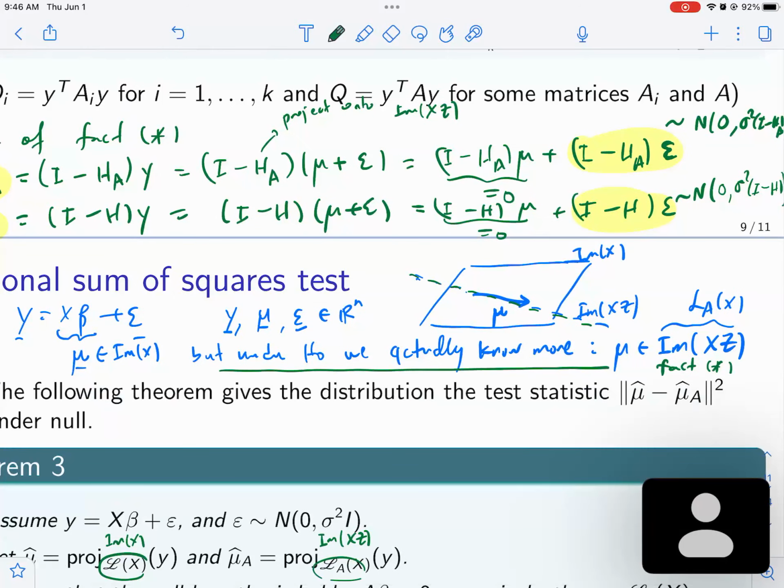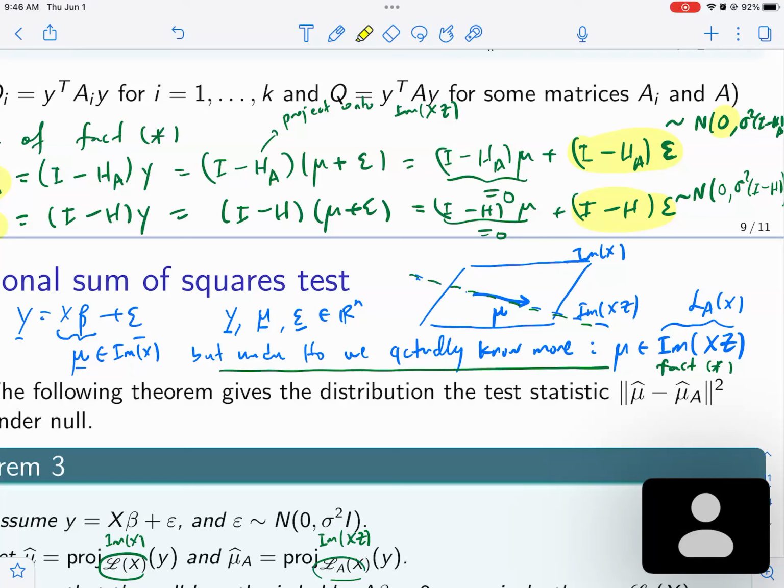And that model is valid. So you would get that distribution with 0 mean if the model is valid. So the residual will have 0 mean if the model is valid, which means that mu is in the image of the linear model.